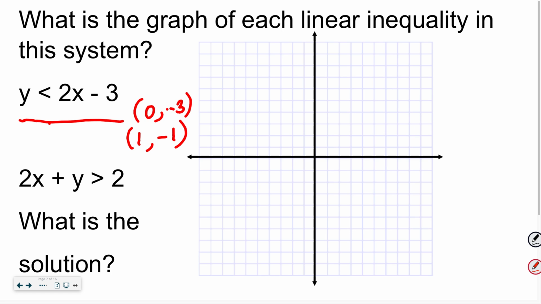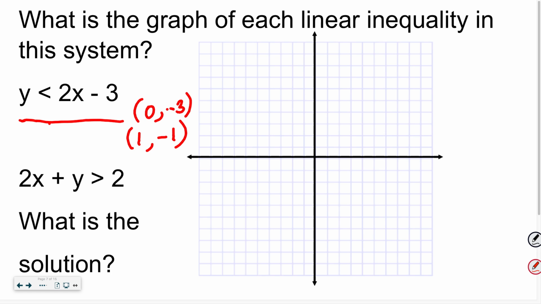Okay, so when we graph an inequality, think about when we graphed over here. We didn't shade in the circle because why? It's not equal to. So same concept, except when we graph this, it's not going to be a full line.